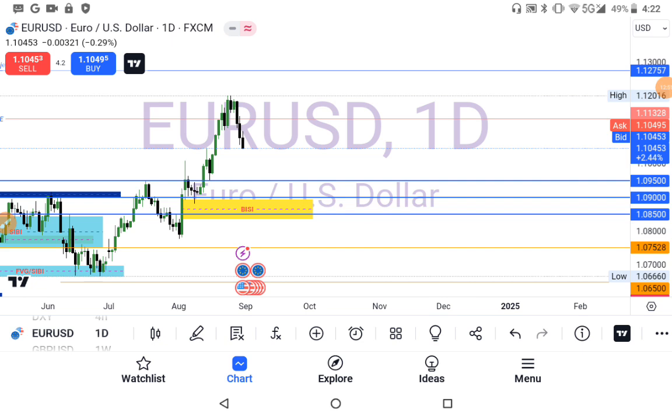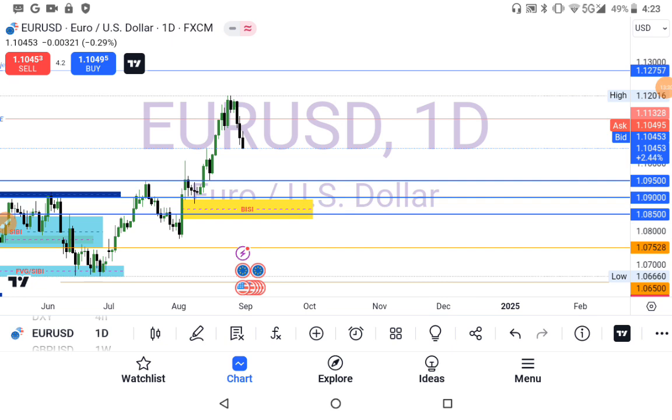So if that level does not give a support, I'll be going back into 1.09500 and 1.09000. If 1.10000 serves as a resistance, I'll be going for 1.09500, 1.09000. That will be what I'll be watching. I think I'm clear enough.